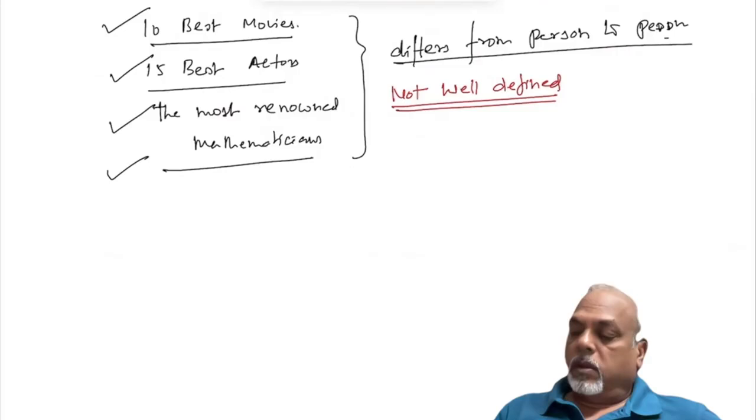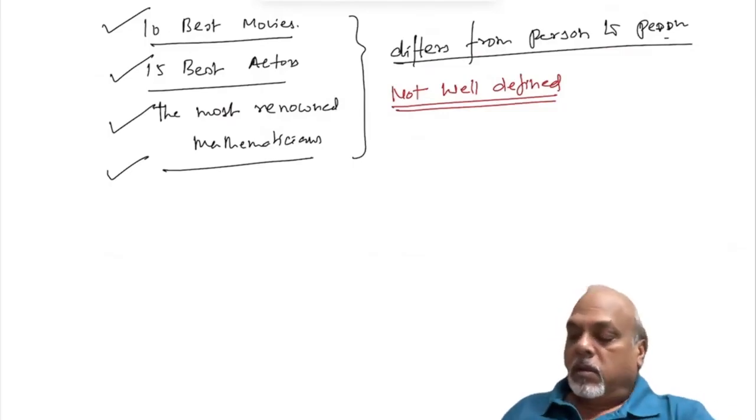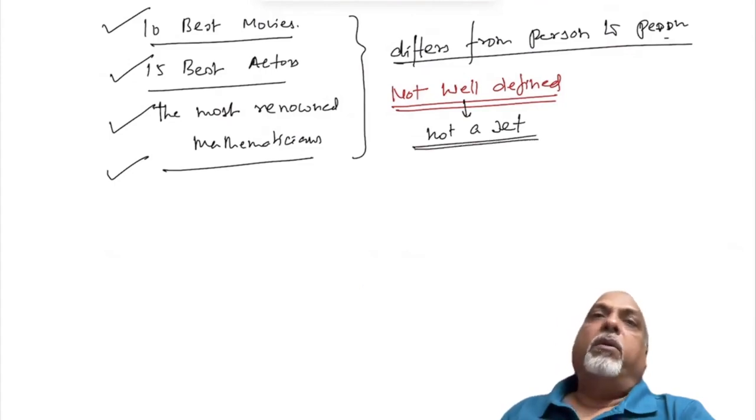With this, now we can conclude that since they are not well defined, it is not a collection of objects of a particular kind.